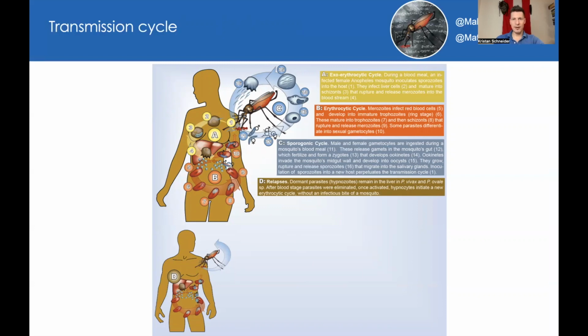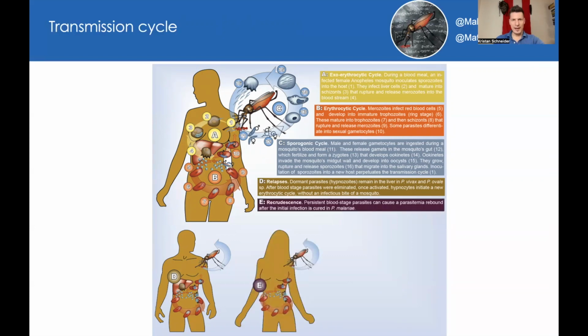Even if all parasites are cleared from the blood, hypnozoites can be reactivated weeks, months, or even years after the original infection and start the erythrocytic cycle again to cause a new symptomatic infection.